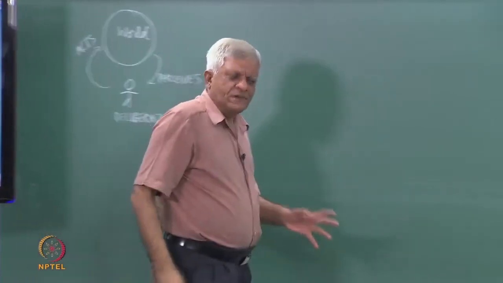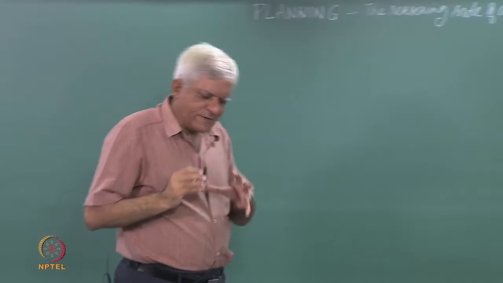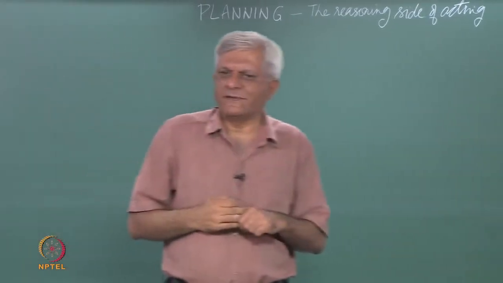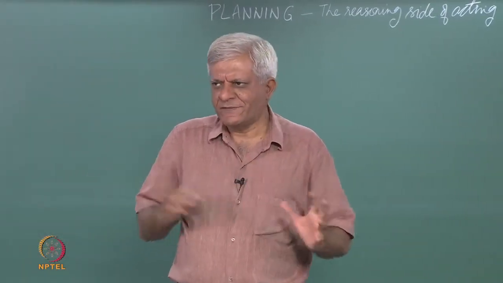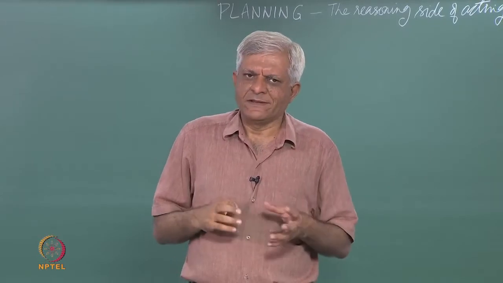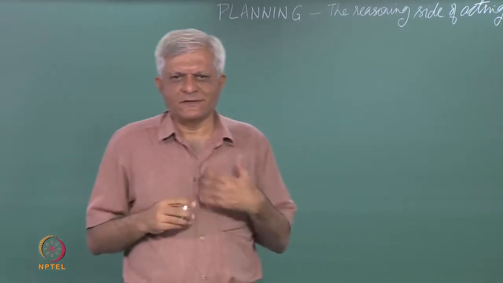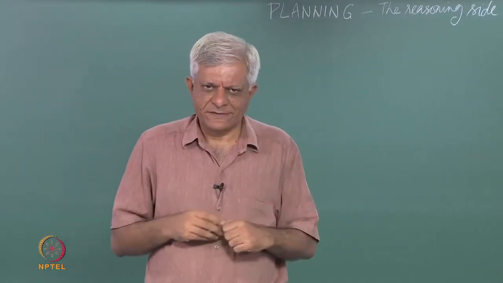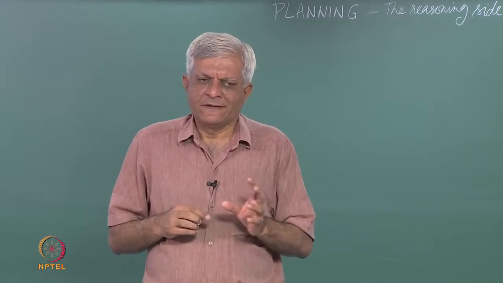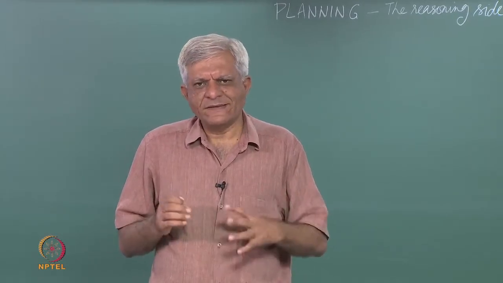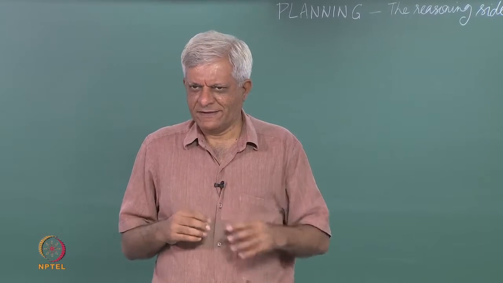So, this is a model of an agent in an environment, where the agent perceives the environment or the world, does some deliberation or some reasoning, as Ghallab and others call it, and then based on that reasoning the agent does acting in the world.